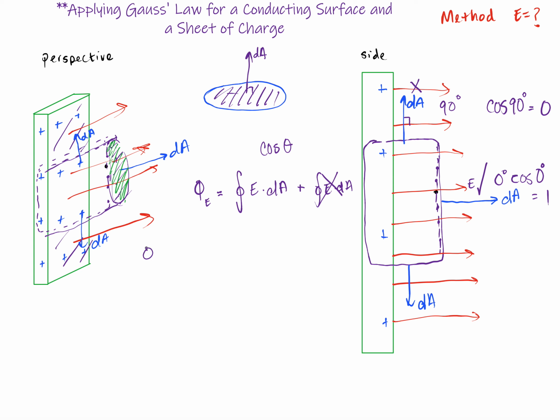Now Gauss's law says that not only is the flux equal to the integral of E dot dA, it's also equal to the amount of enclosed charge, the amount that's enclosed by the surface, divided by the vacuum permittivity. So we've enclosed X amount of charge on the surface of the object, okay?